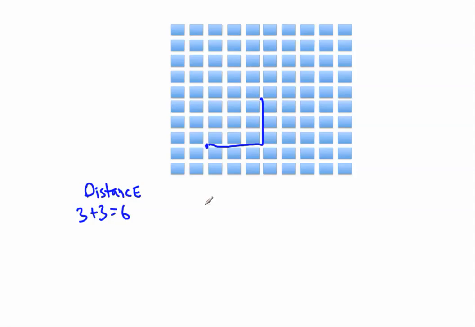On the other hand, if you wanted to know where I am, well then you need to consider the direction. That is, you need to consider the vector nature of what I'm doing. In other words, you need to consider the displacement. And in this case, 3 blocks traveling, let's say, 3 blocks east and then 3 blocks north equals a total displacement of 3 times the square root of 2 blocks.